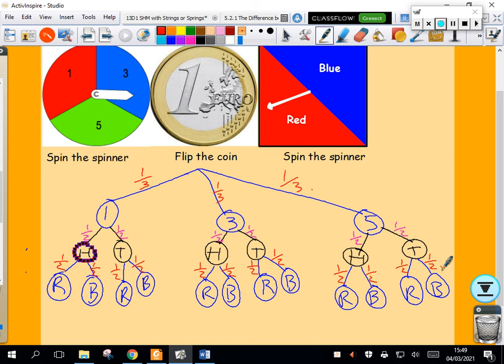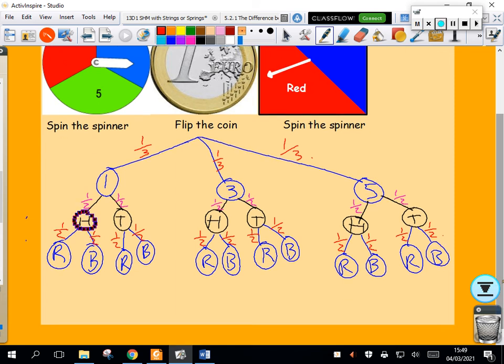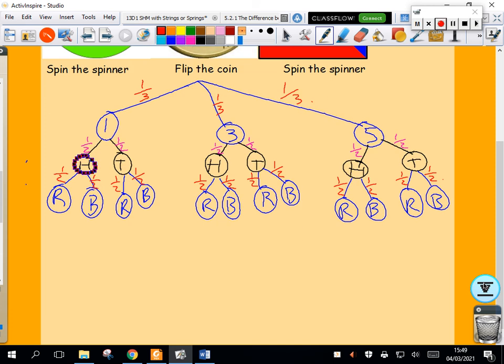One thing I can do, which is a multiplication rule which we will revisit, is find the probability of getting 1 on the first task, tails on the flip of the coin, and blue on my third task.